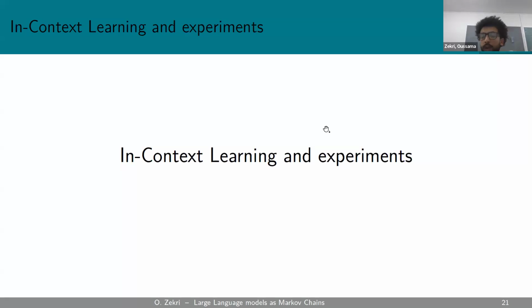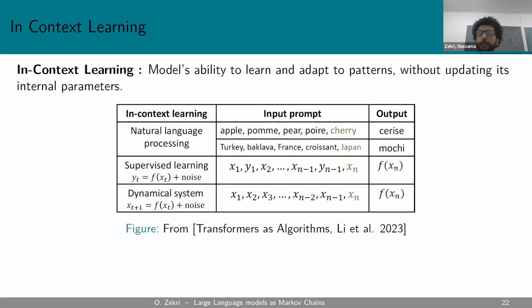So the idea is that we leverage another time the fact that an LLM is a Markov chain to derive insight on it. I will just talk about in-context learning a bit. You know that in-context learning is this kind of emerging capability: when you prompt your LLM, it is able to learn some patterns.